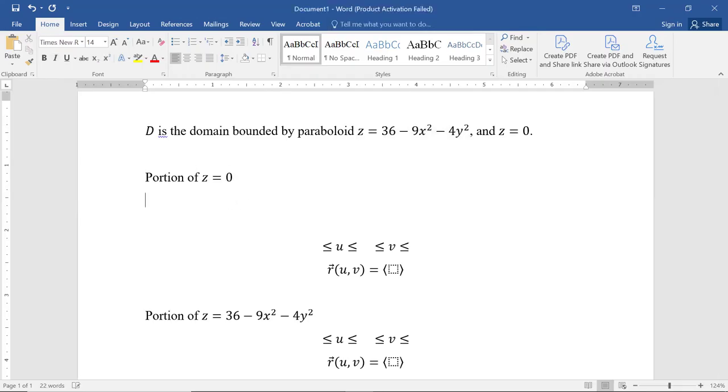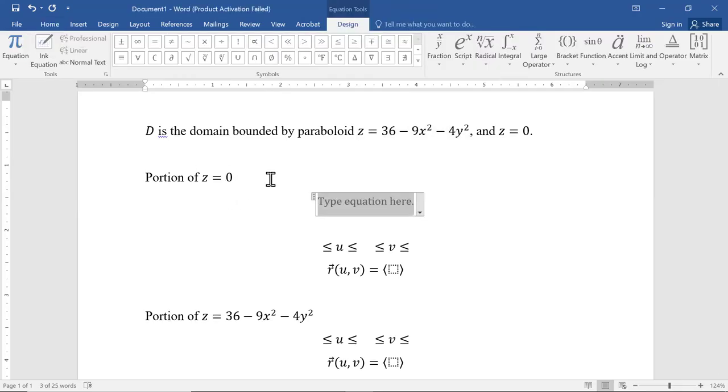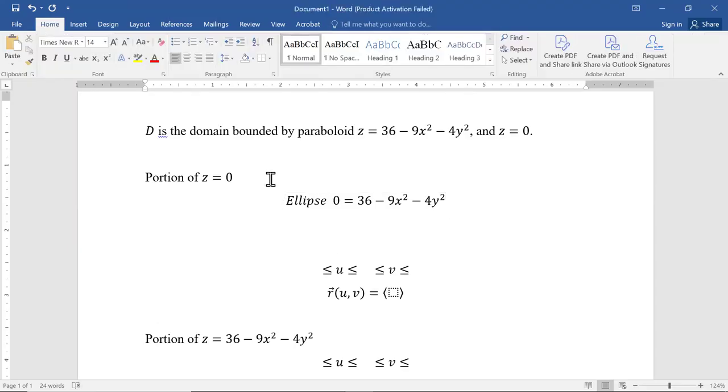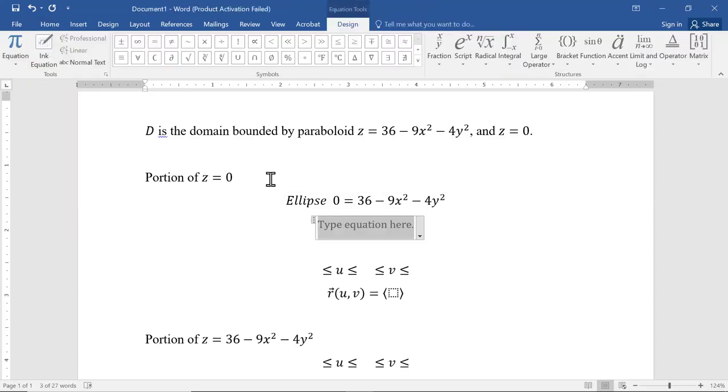So we're talking about the ellipse in the xy plane, which is 0 equals 36 minus 9x squared minus 4y squared. And we can rewrite that. We can solve, add 9x squared, add 4y squared to both sides.